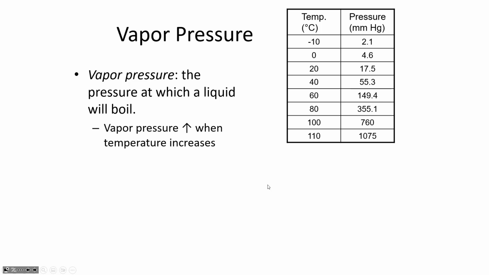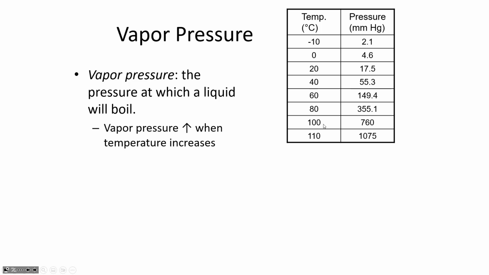And probably if you remember back to chemistry class, there's some special significance about 760 millimeters of mercury. That's atmospheric pressure, 760 millimeters of mercury. So they defined the temperature scale so that 100 degrees Celsius is the boiling point of water. By definition, 100 is the temperature that water boils at.